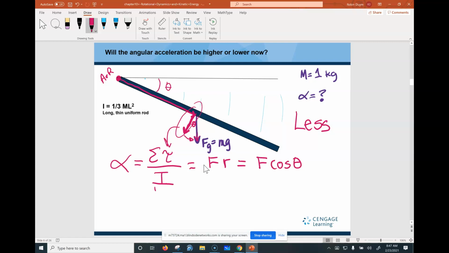Because here's your F. You'd be using F cosine theta times all of R. So in this case, we're taking the perpendicular part of F with R.